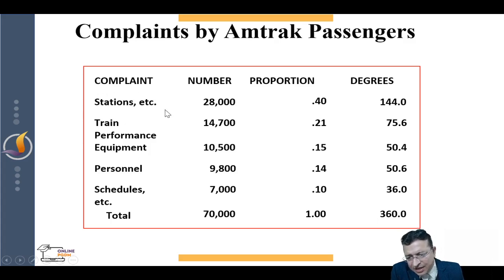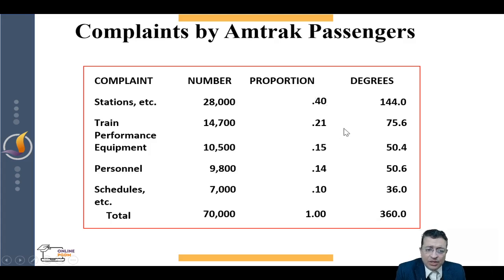So complaints are related to stations, complaints are related to train performance, equipment, personnel, schedules, and we are given the number of observations in each of the categories, and we have found the total, and now we know how to calculate that relative frequency is nothing but the proportion out of the total, how much is this particular part.